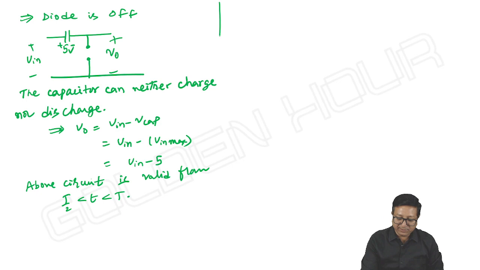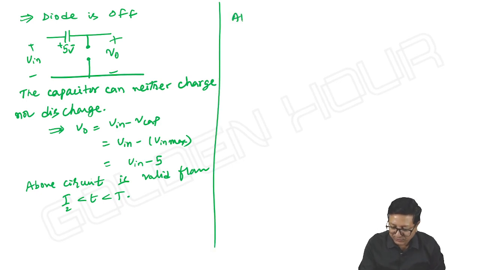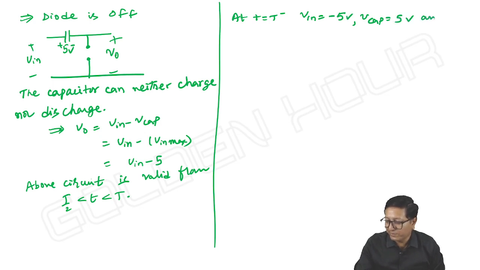Then at t is equal to T minus, V input is minus 5, V capacitor is equal to plus 5, and output is equal to minus 10 volts.